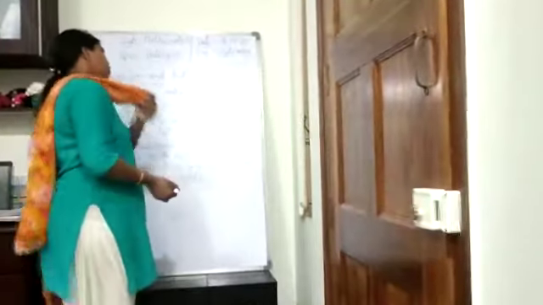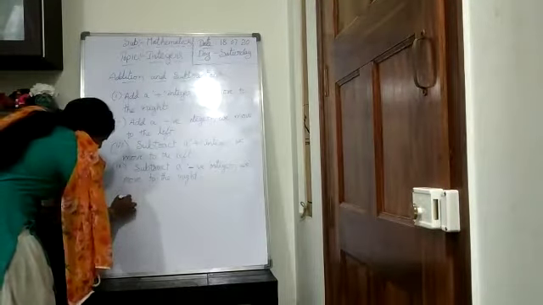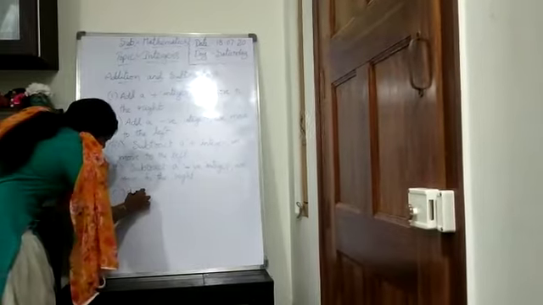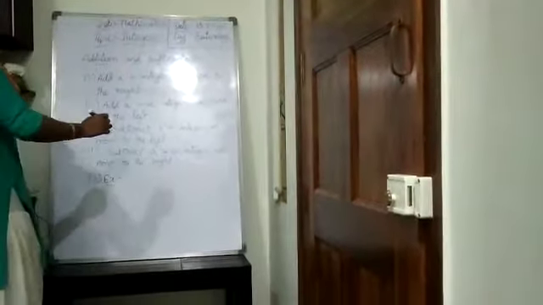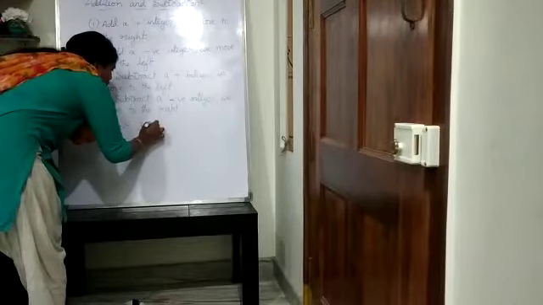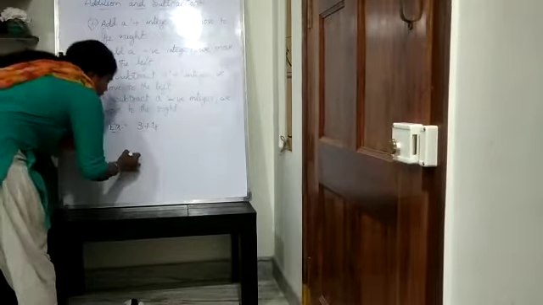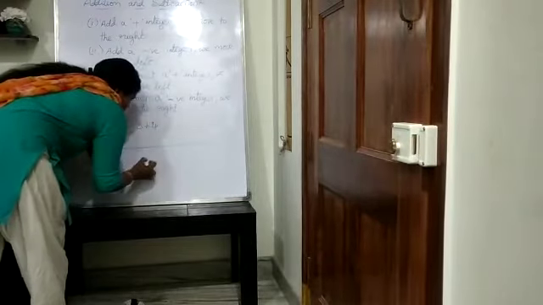I will explain that with an example. For example, I have given 3 plus 4. This is the number line.